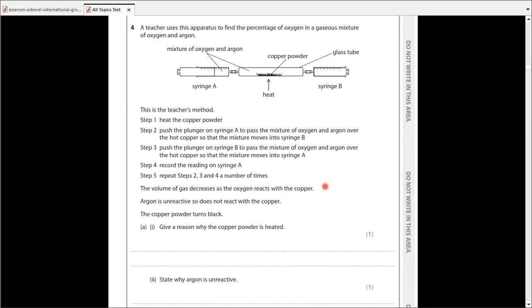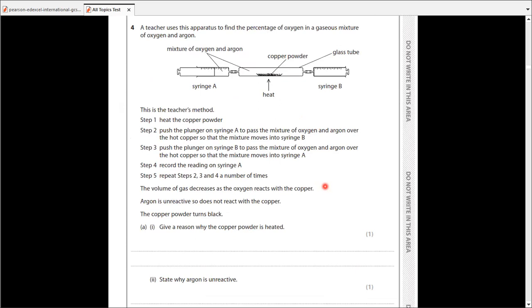Okay, so a teacher uses this apparatus to find the percentage of oxygen in a gaseous mixture of oxygen and argon. This is the teacher's method. Step one, heat the copper powder.